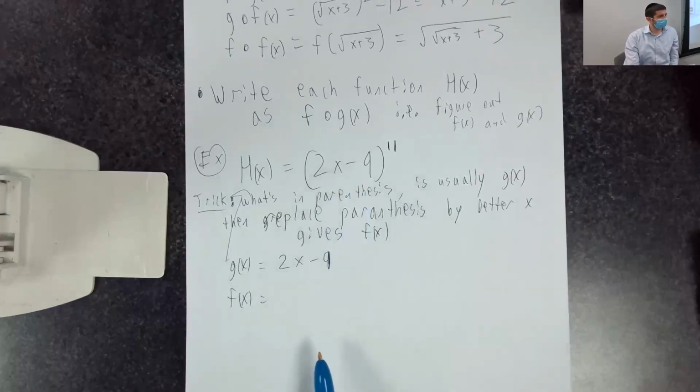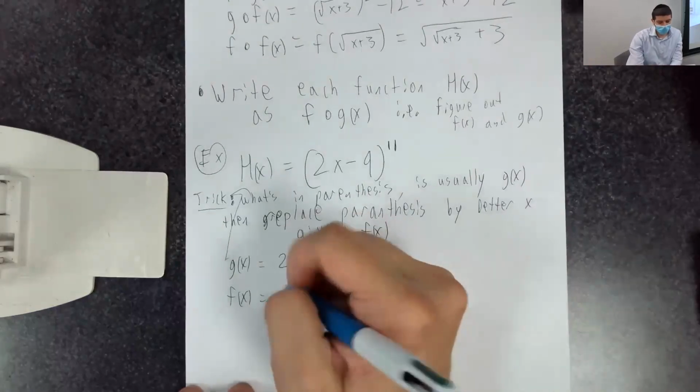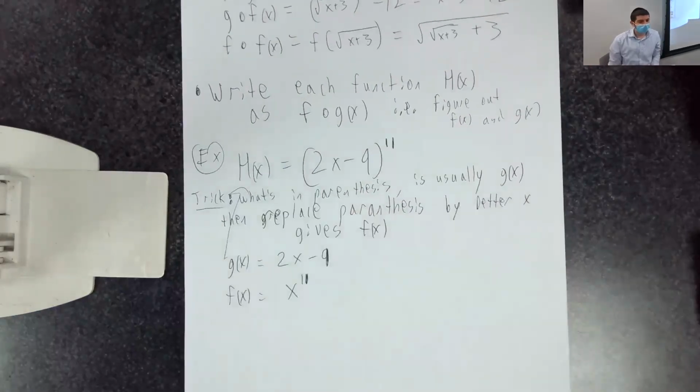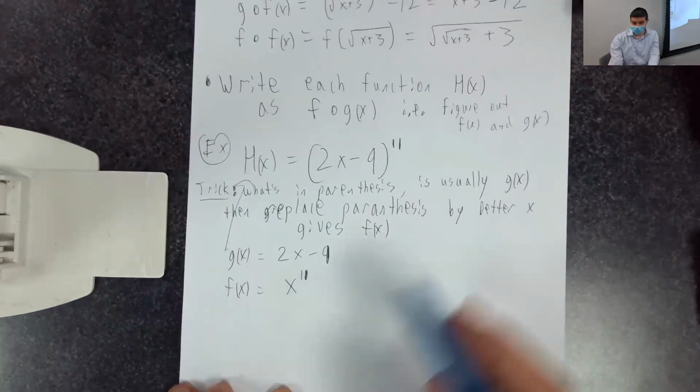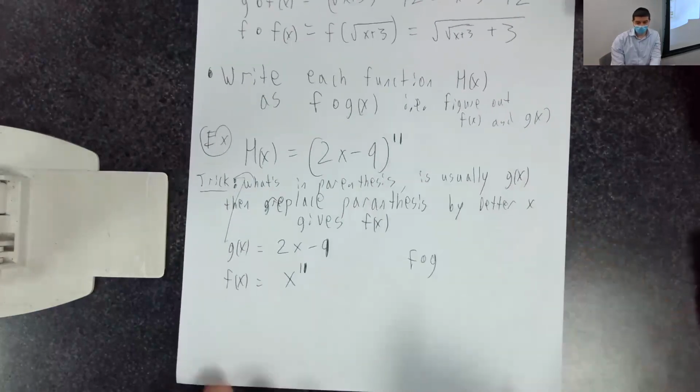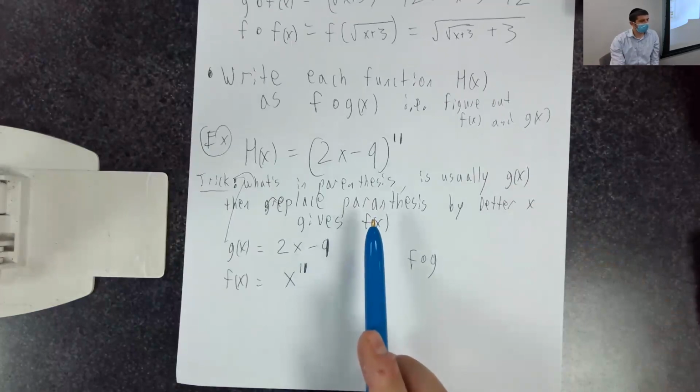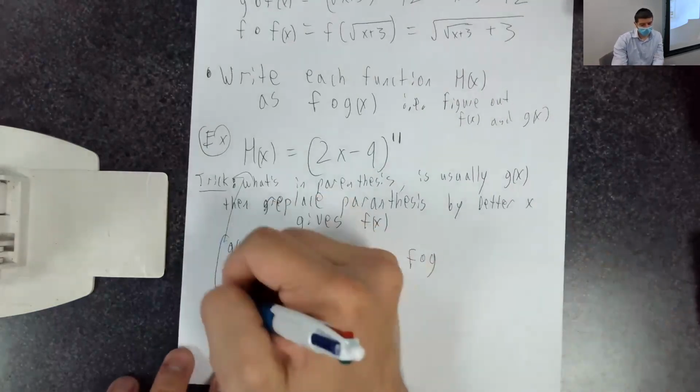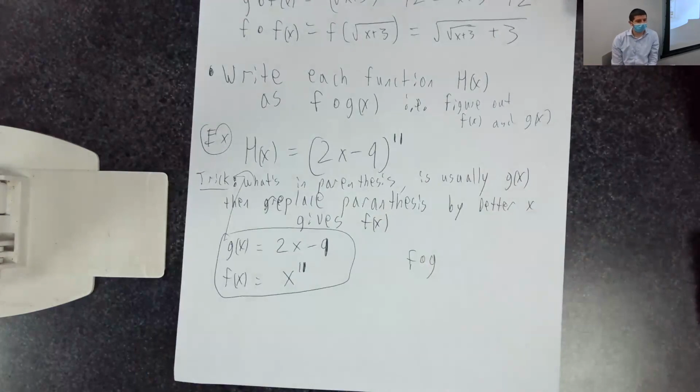So what is f of x going to be? x to the 11th. That's all you have to do. And you can test it: compute f of g, plug g into f, and you'll get back to what you started with. That's what the WebAssign is going to be asking you to do: go backwards, figure out little g, figure out little f.